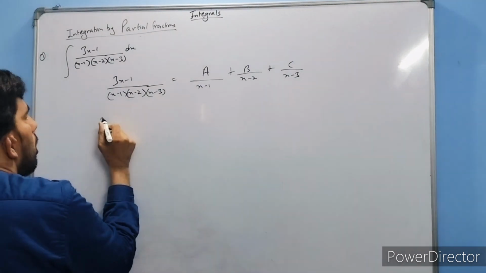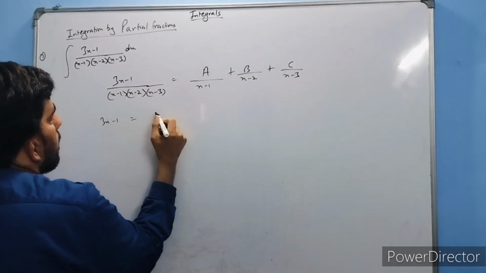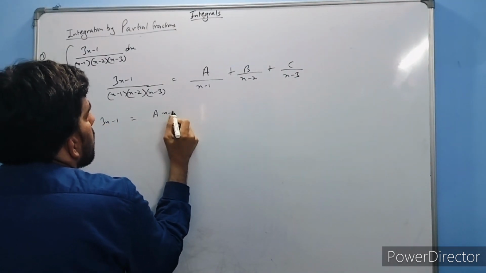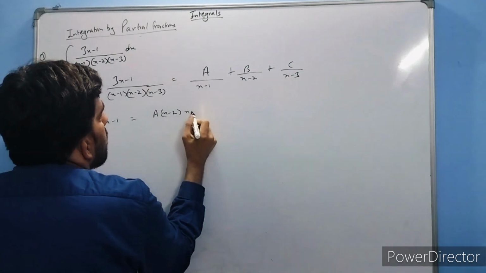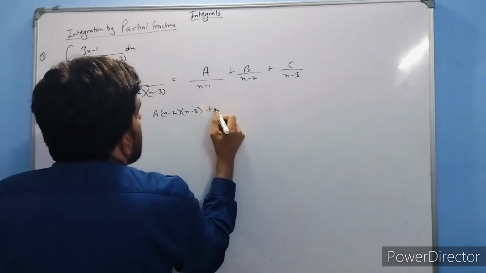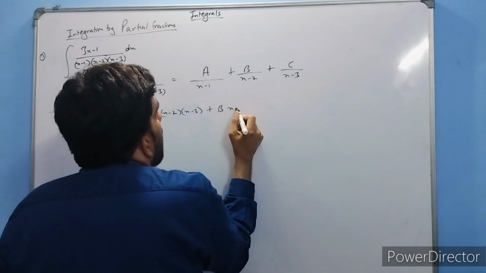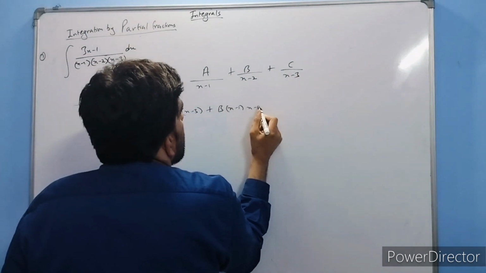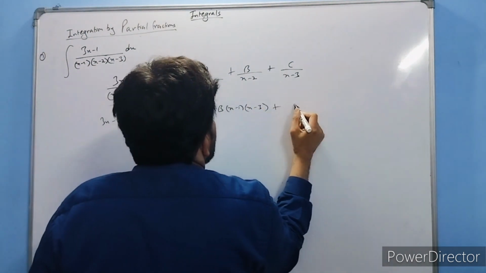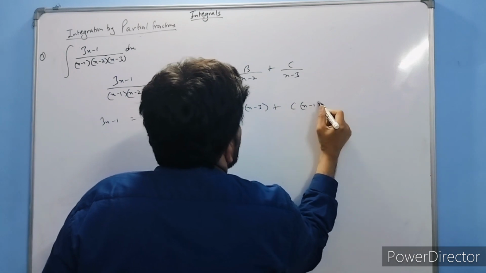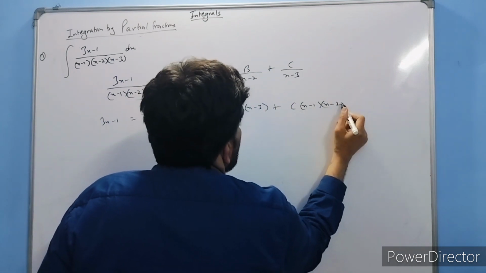So now I am left with a(x minus 2)(x minus 3) plus b(x minus 1)(x minus 3) plus c(x minus 1)(x minus 2).